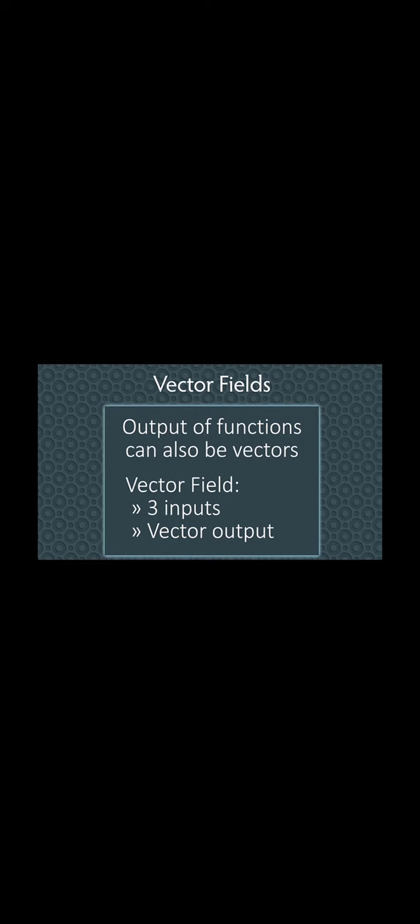And the outputs of functions don't have to be simply numbers. They can also be vectors. A function with three inputs and a vector output is called a vector field. An example would be a function that gives the force vector due to gravity at every point in space.